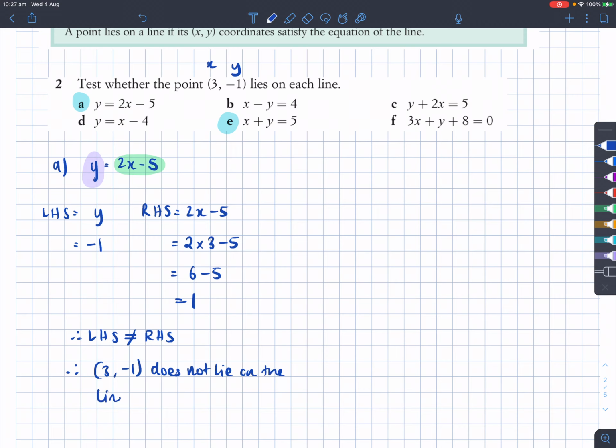I hope this rings a bell for you because we've done a lot of these last year, so this should be very, very simple to you now. What that basically means is if I have a line, I'm going to guess that line looks like this. And (3, -1) is somewhere around here, I believe.